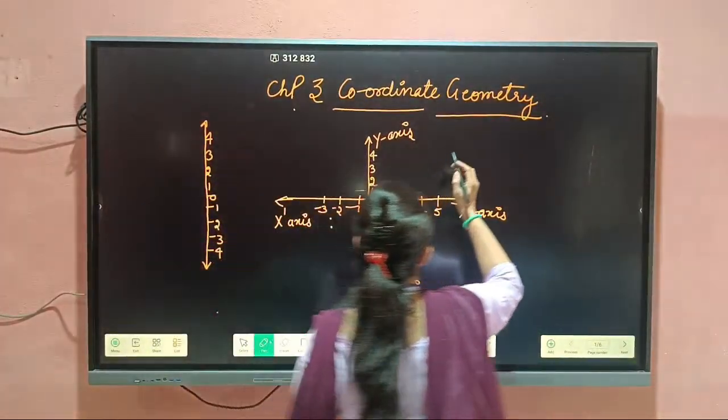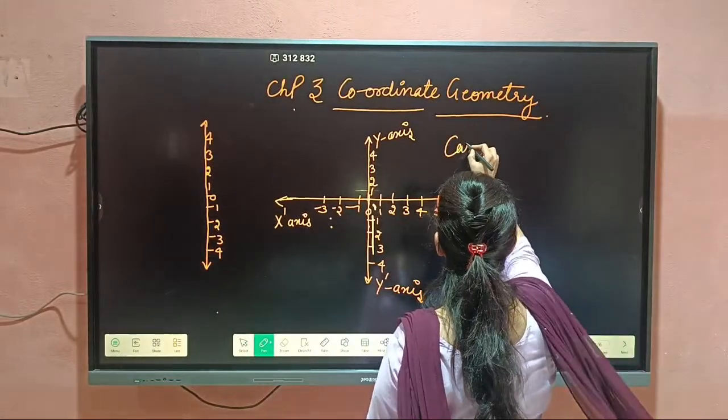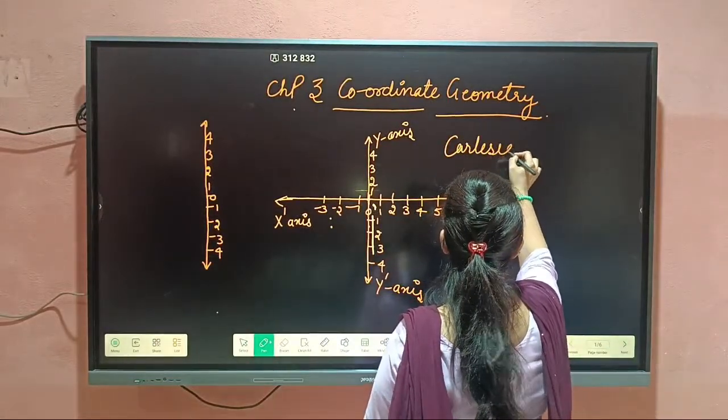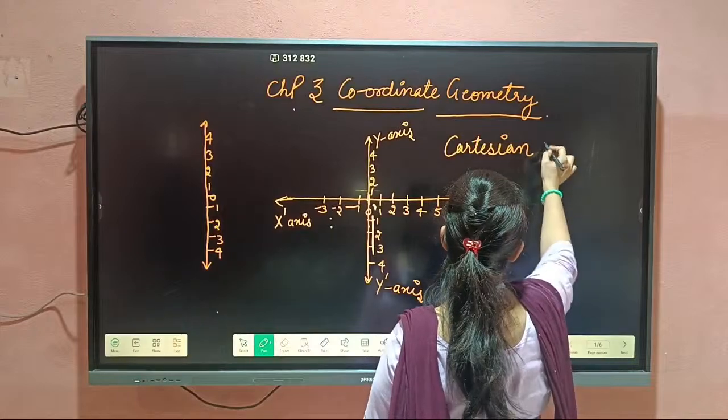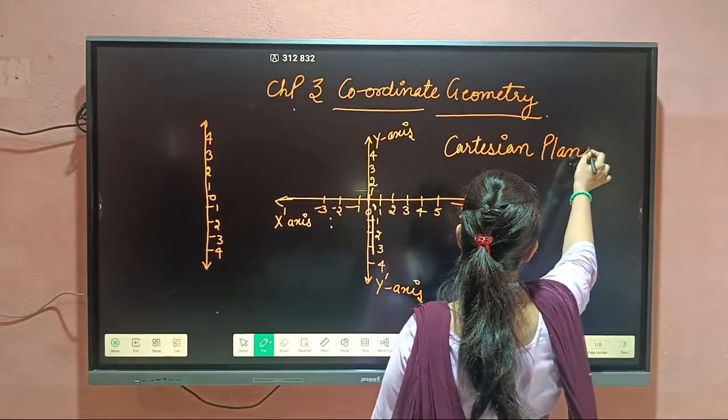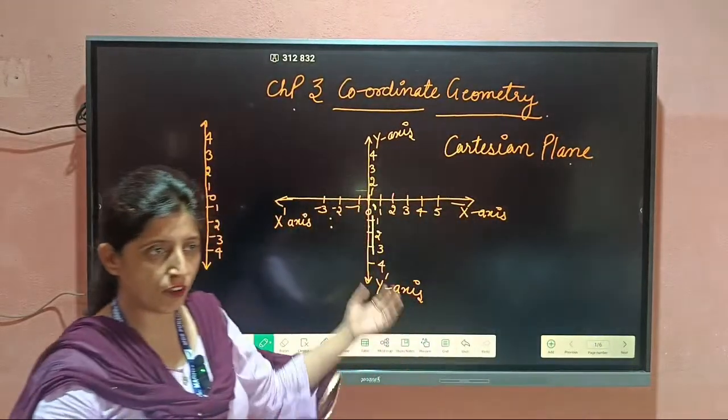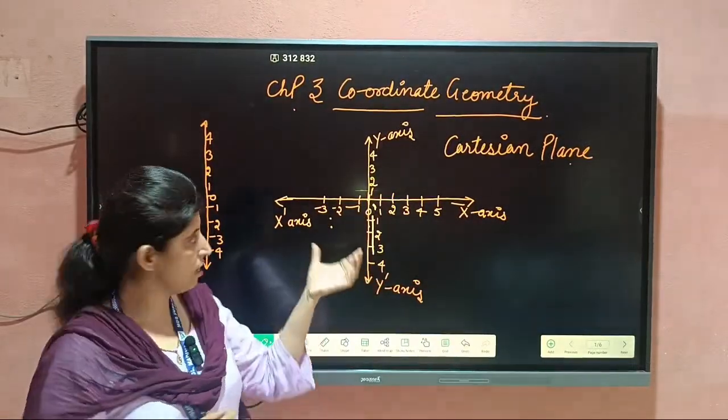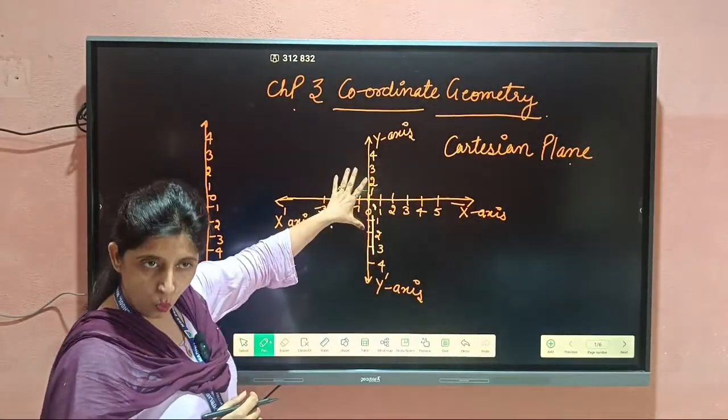That plane is called the Cartesian plane, where both x and y axes are there, x-axis and y-axis.